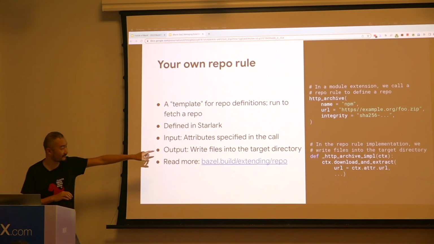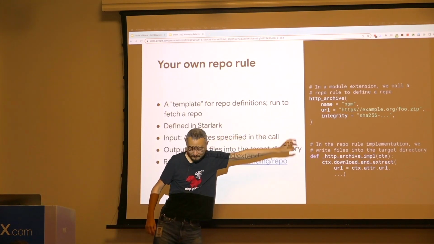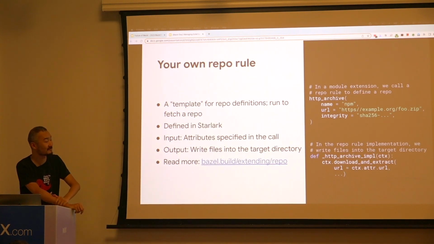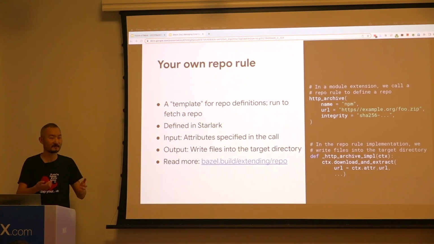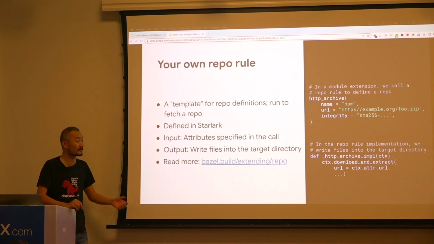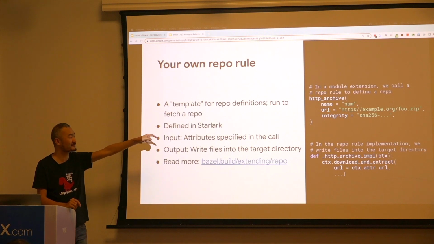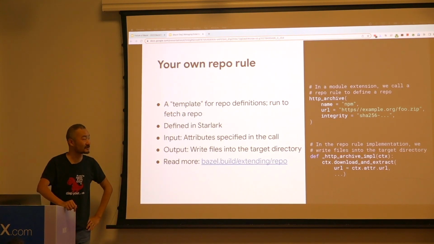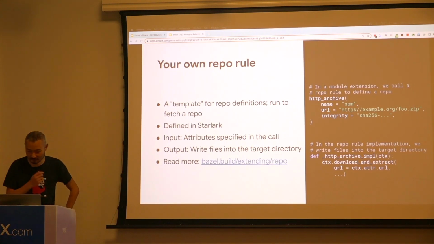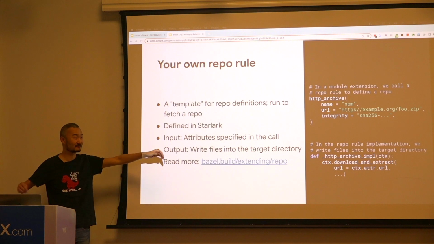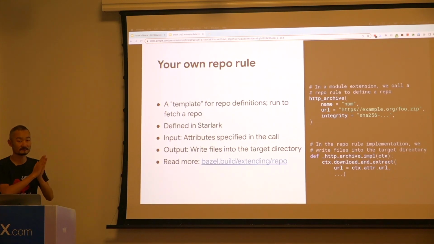The first snippet here is part of what a module extension does. In the module extension, you basically try to create repos. The way you do it is by calling a repo rule. You give it a name, a URL, and an integrity, which is a hash, like a checksum. So the input to the repo rule is basically these attributes, like name and whatever attributes the rule declares.